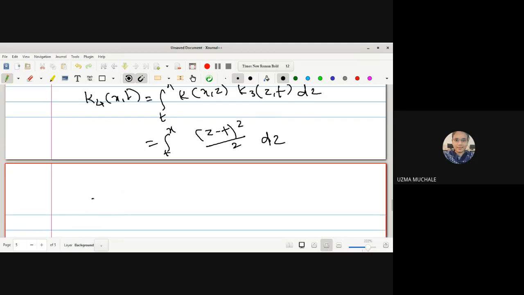Okay. So after evaluating this, let me write down directly. I think you can evaluate this now. What will be the integration of z minus t square by 2?